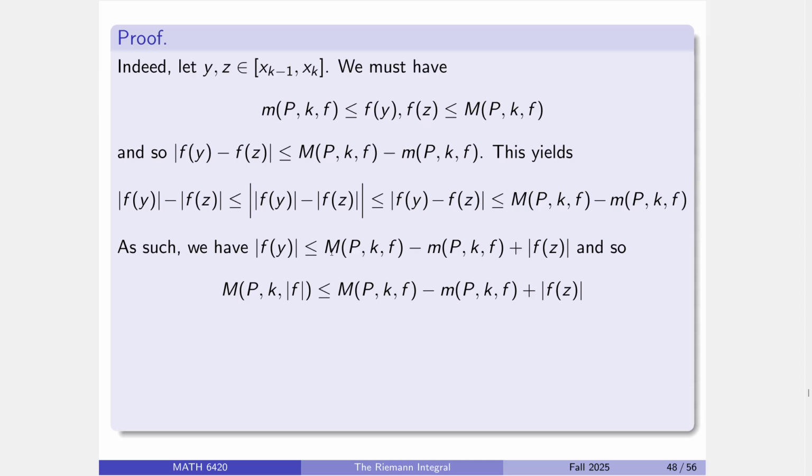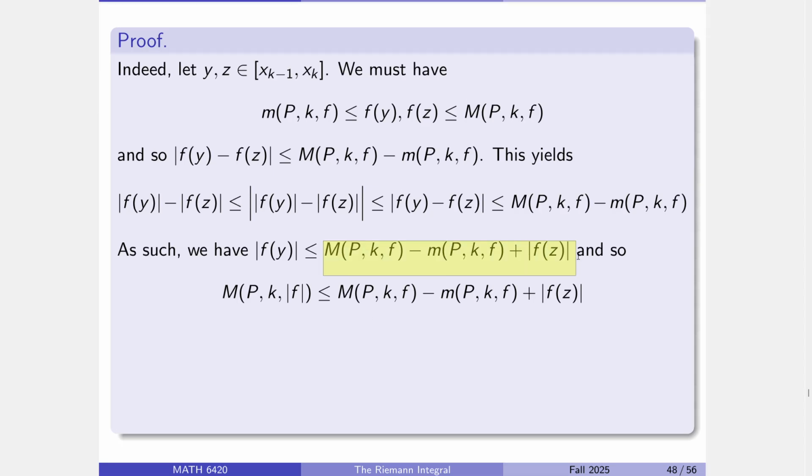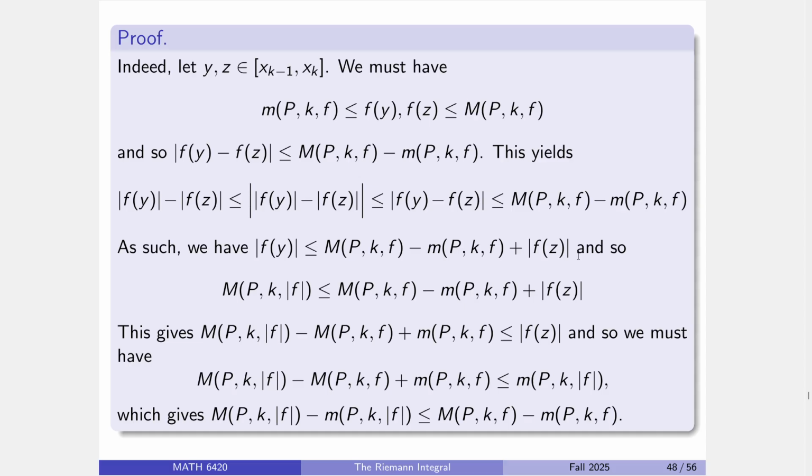We know that from this we can rearrange things and get that the absolute value of f of y is less than or equal to this, meaning that when I look at the actual supremum of the absolute value of f on these partitions, they're not going to exceed this quantity. And you can pull a similar move for the f of z term.